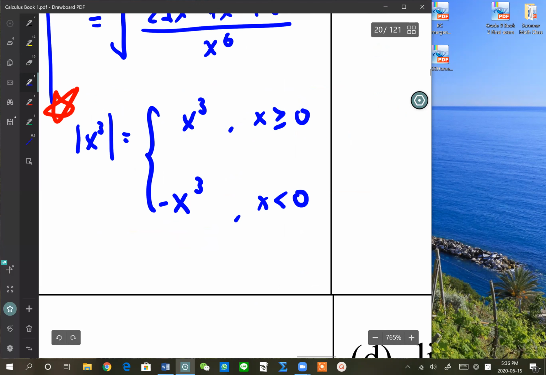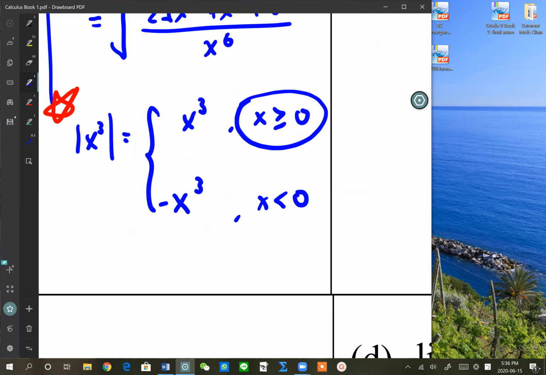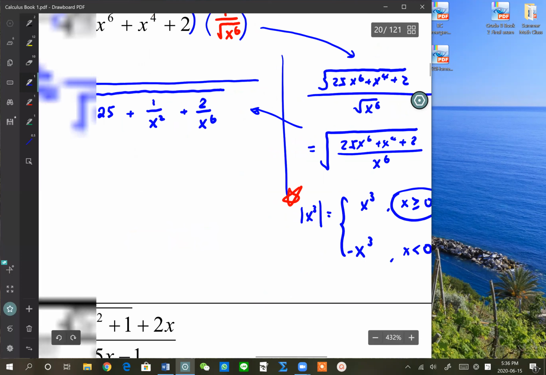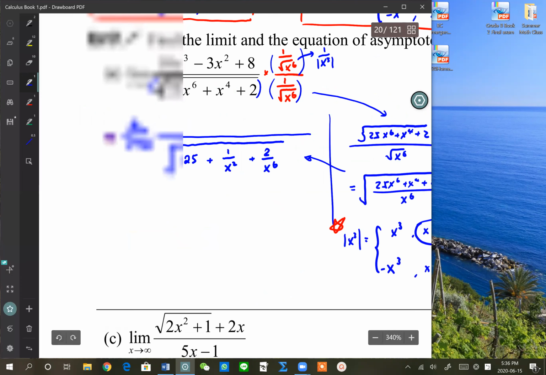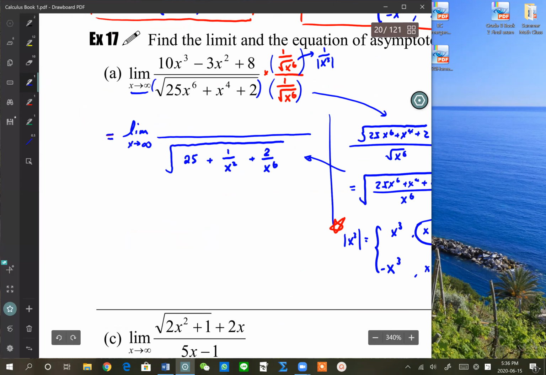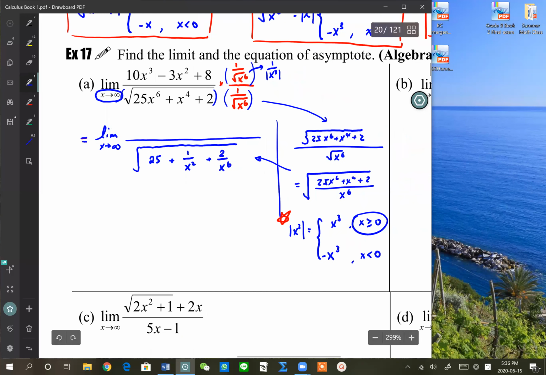The question wants x to go to positive infinity, which means the x value will be very big and positive, so it will become x cubed. So here we can write it as 1 over x cubed.